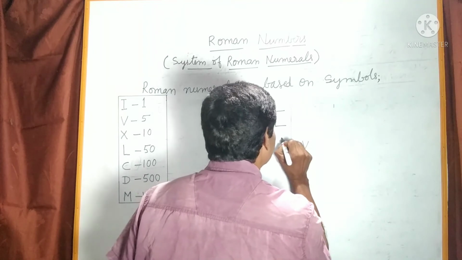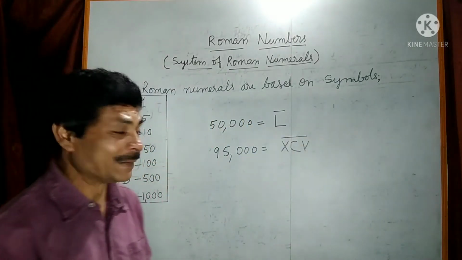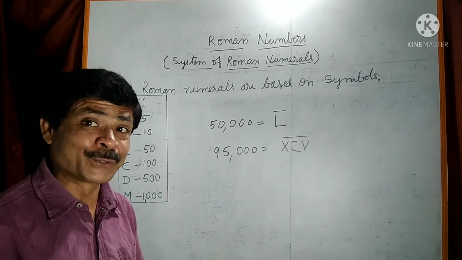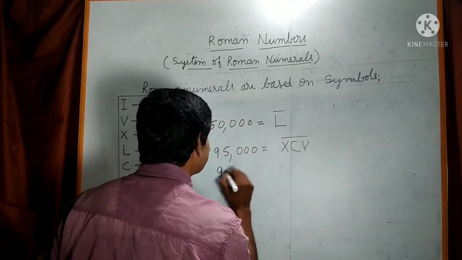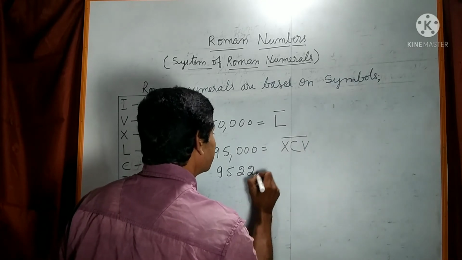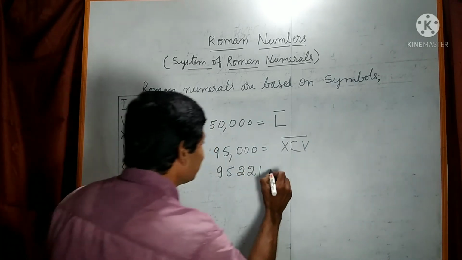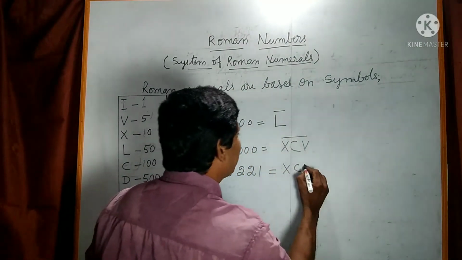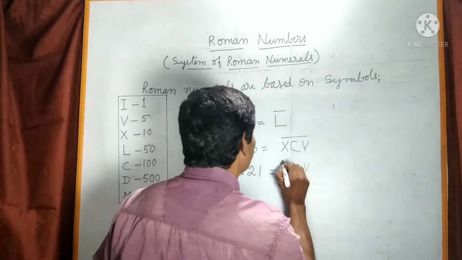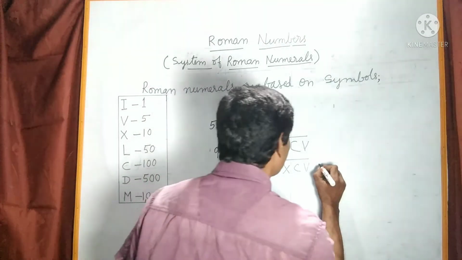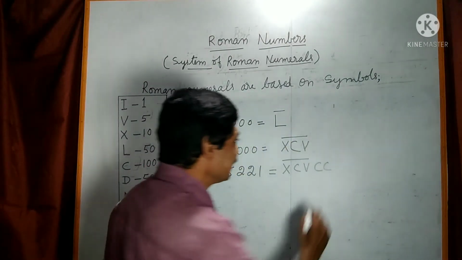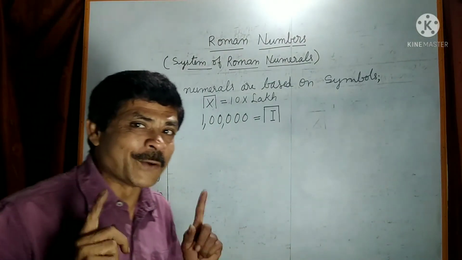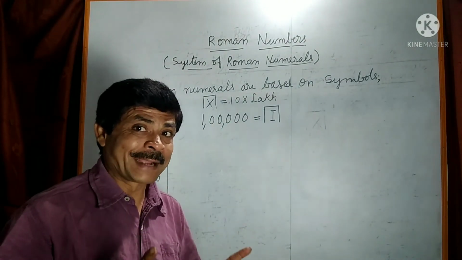Above the 95, one bar. This is 95,000. How will we write 95,221? This can be written as 95,221.